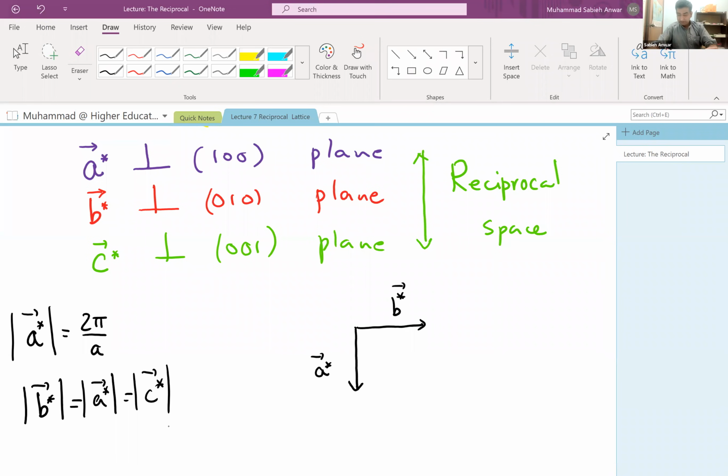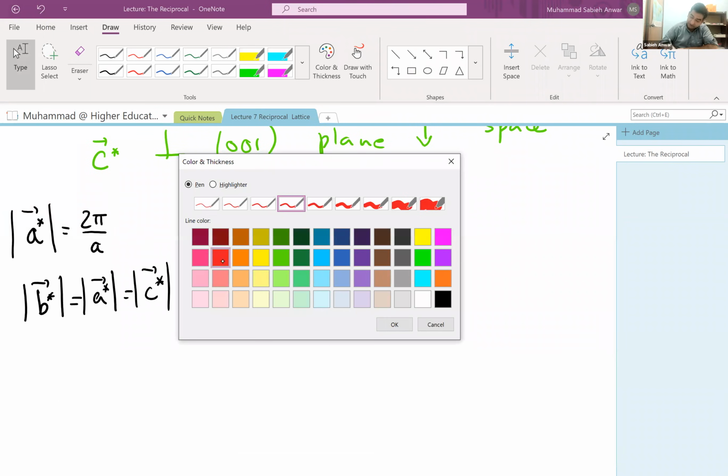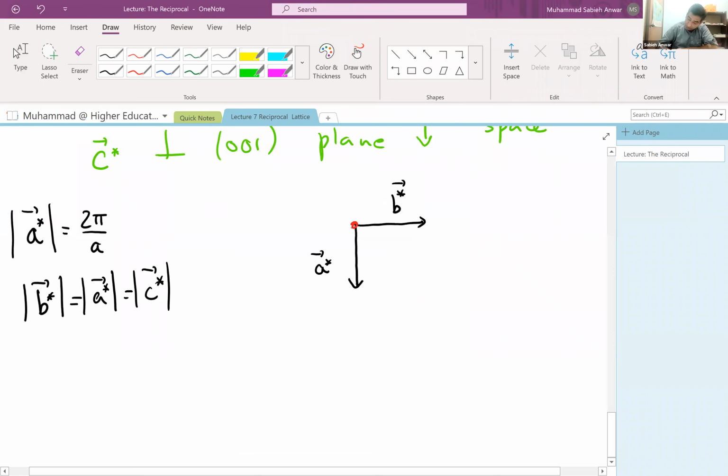Okay. Now what I could do is the following. I could now do something really cheeky. I put a point at the end point of A star and a point at the end point of B star. Instead of specifying the vector, I can specify the end point of the vector. That's good enough.